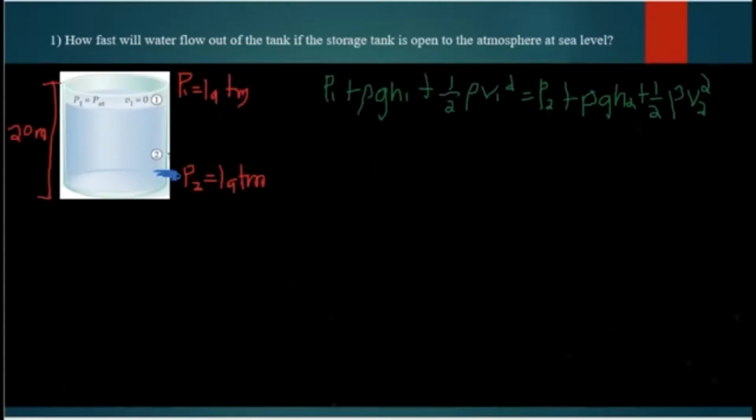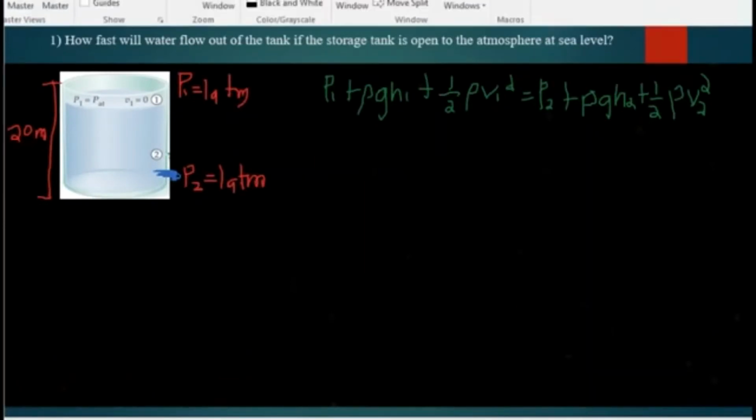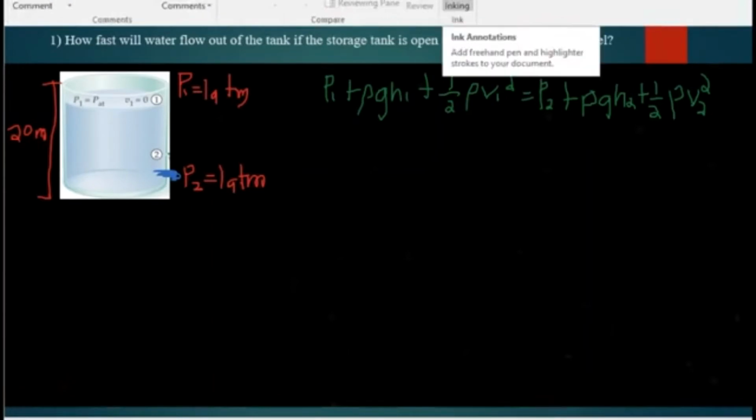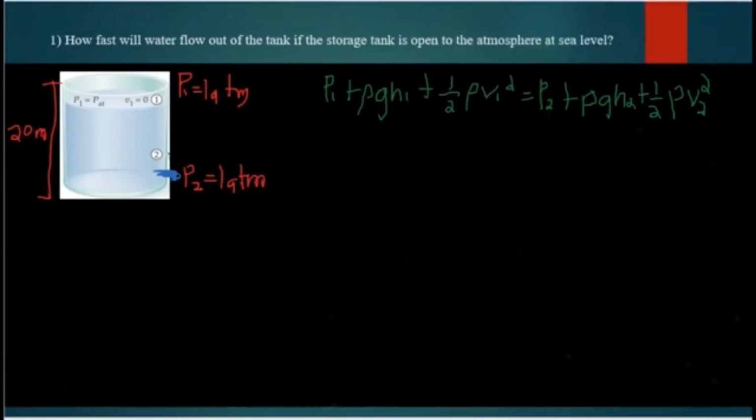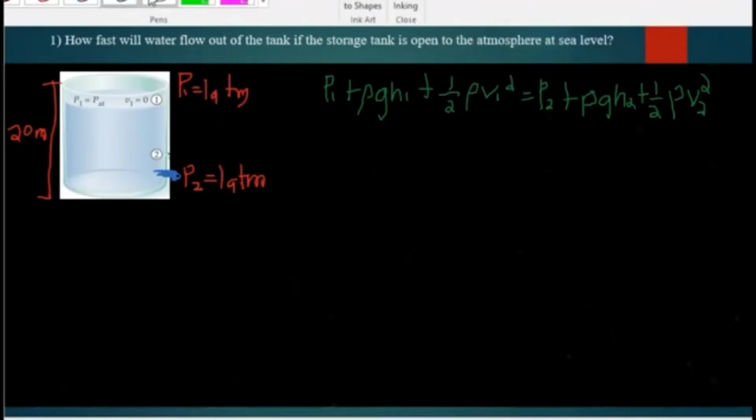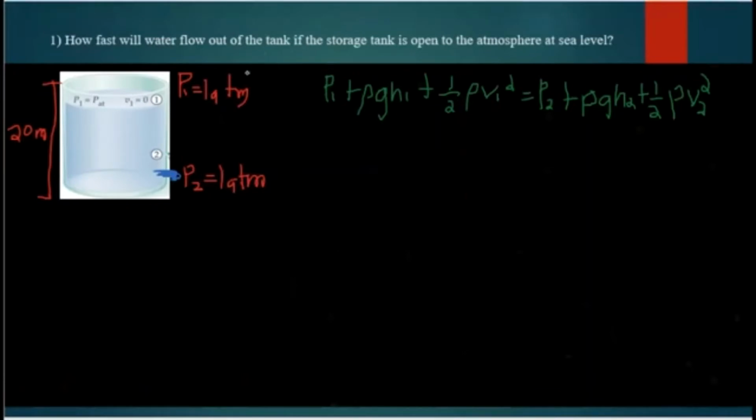In this second problem, I will teach you how to solve or derive that formula using different method. We will use the Bernoulli's equation. So this is the problem right here. It is a tank that is open to atmosphere. So here in point A, this is point A, and this is point B. Here in point A, we have an atmospheric pressure of 1.